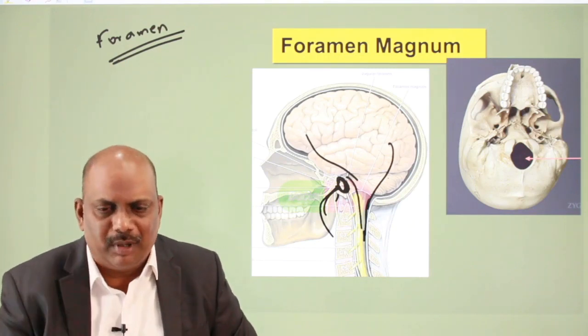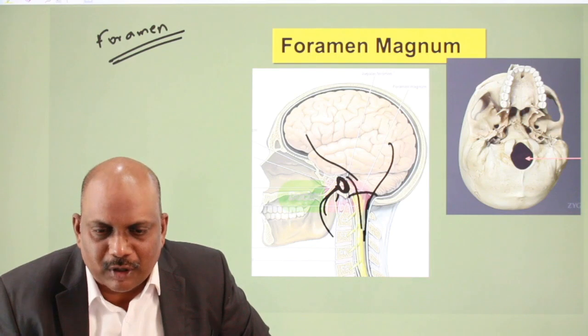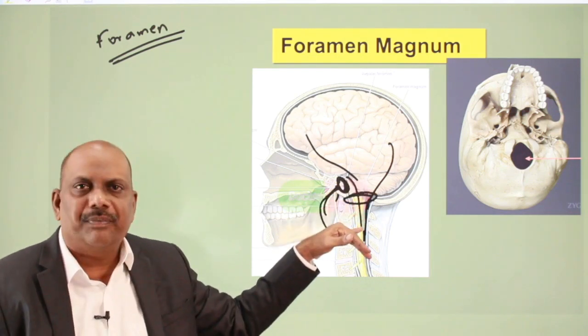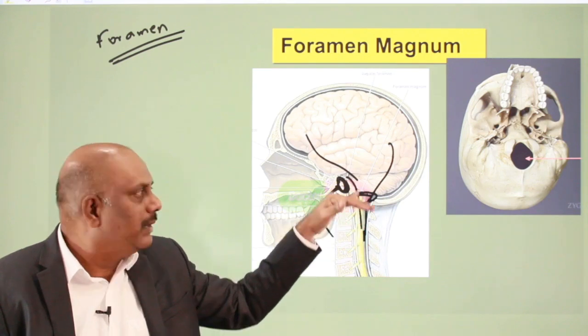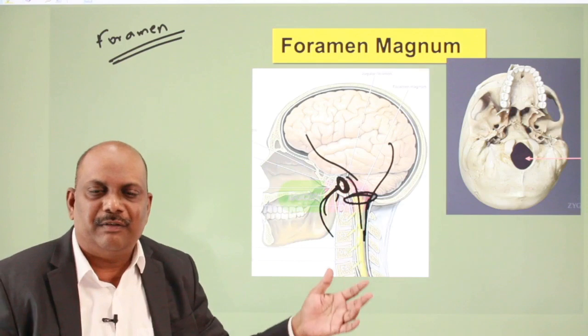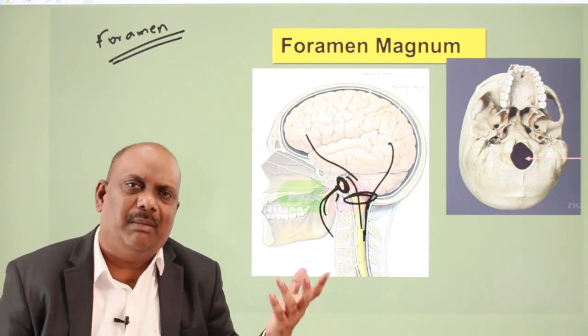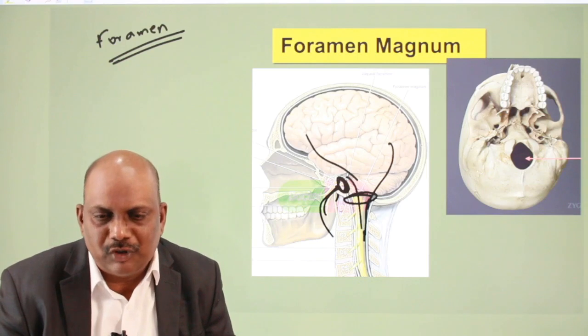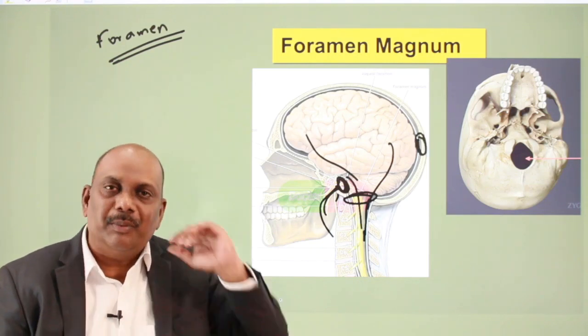But come back to the foramen magnum. See where the foramen magnum is placed. It is more centrally placed in human beings. But in the case of primitive apes like Ramapithecus and Dryopithecus, the foramen magnum used to be placed more posteriorly.